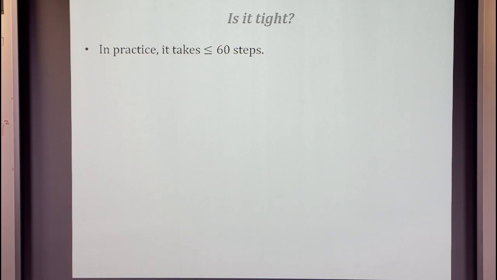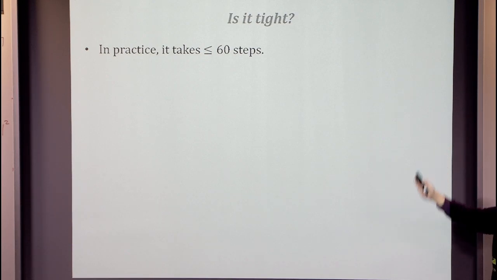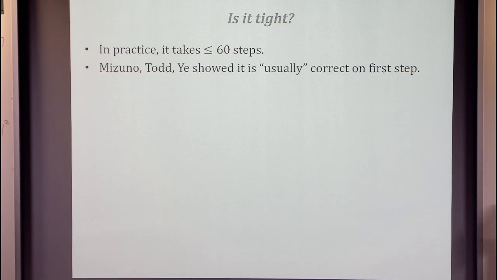But is that a tight reason why this is bad? Because we know in practice it usually takes less than 60 steps. In fact, Mizutani, Todd, and Ye show that if you start with a random polytope, usually in the first step you can progress a lot.